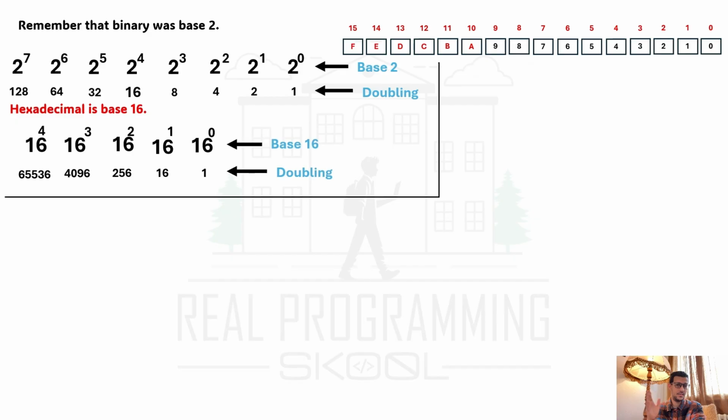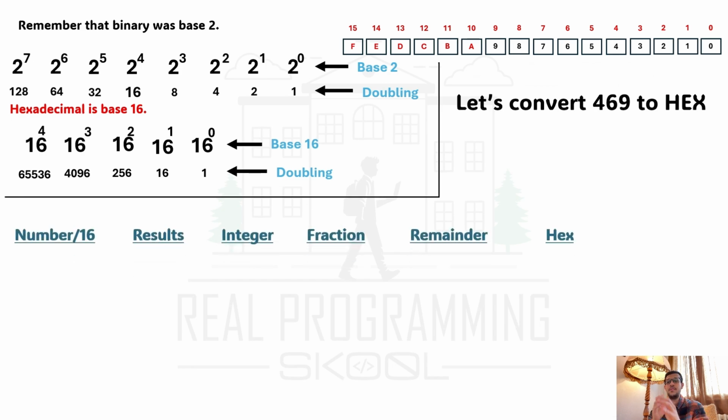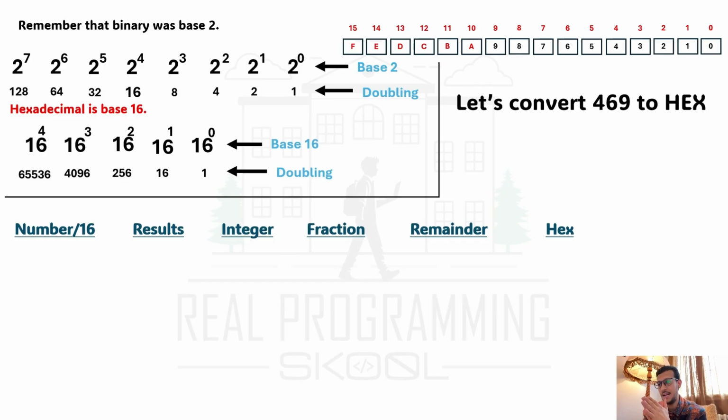And the number 10 is represented as the letter A in hexadecimal base 16. So let's convert the number 469, a normal human number, to hexadecimal. All right, the rule that we will use, as you see on the screen: we take the number 469 and divide it by 16. Why 16?